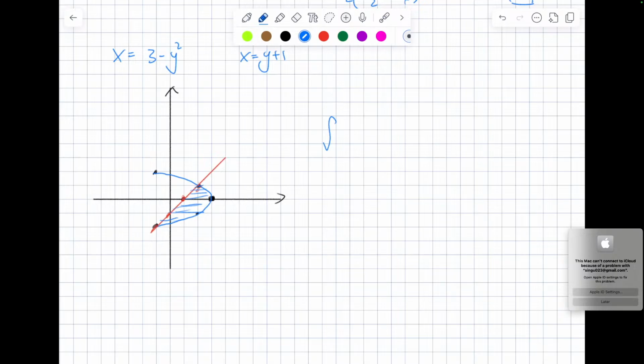Do you see this? This is y equal to negative 2. So it's going to be from negative 2 to 1. What's the right function? 3 minus y squared minus y plus 1.